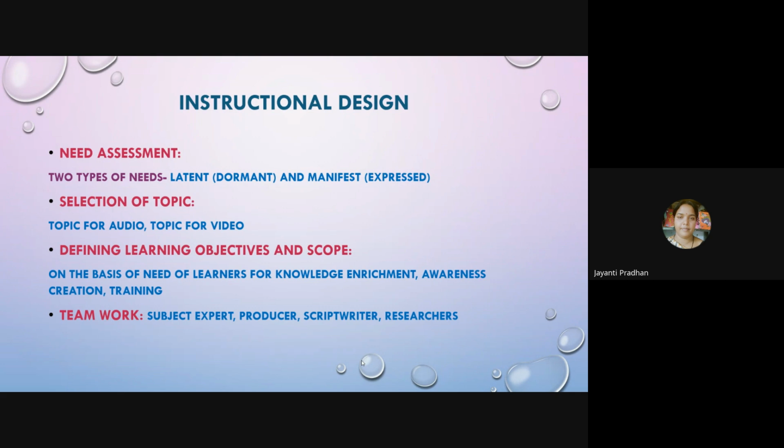Then, selection of topic. As this unit discusses how to design audio and video materials, that means we have selected the content, and in the content we have selected the topic to be placed for a particular program. Now we must select the topic for audio, topic for video, topic for audio video integration, and topic for multimedia.